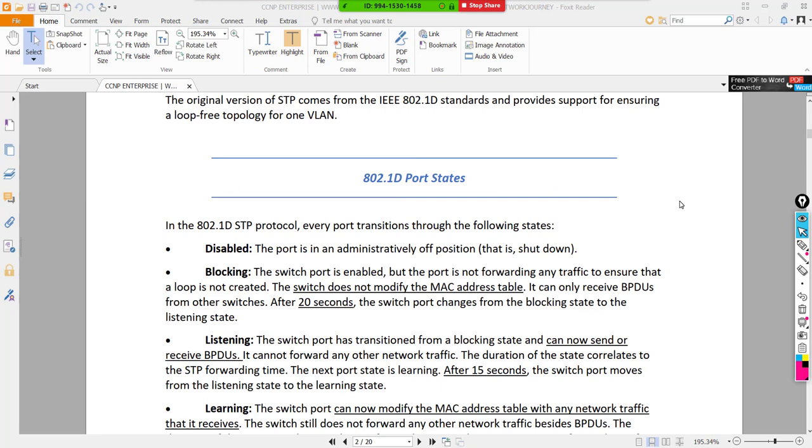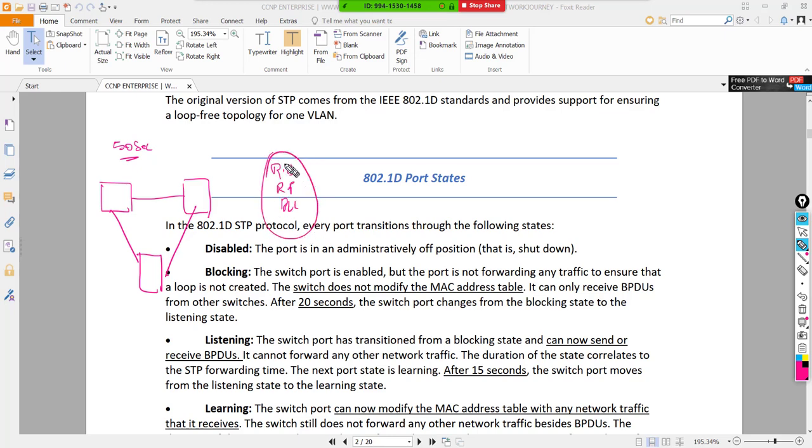Regarding STP port state, now what is this? I told you one of the drawbacks of STP is it takes 50 seconds for a port to release. What does it mean? Let's say when I have my switches in a triangular way, we just discussed root bridge, root port, and blocking.